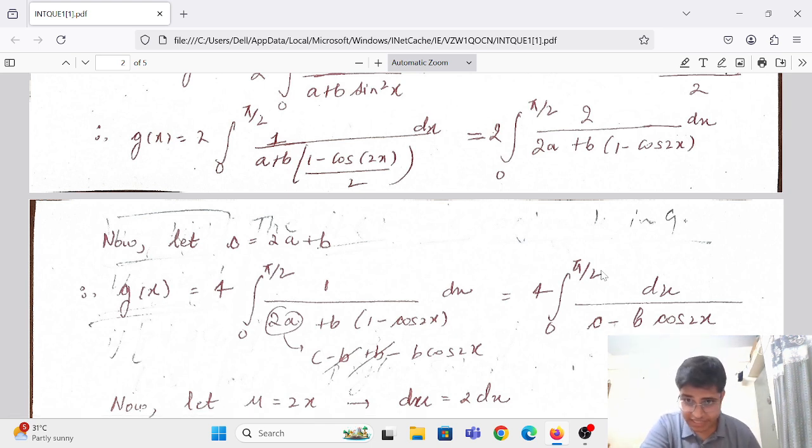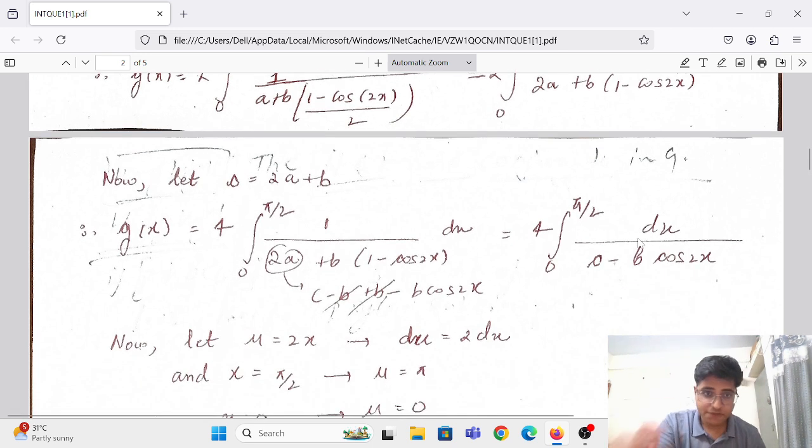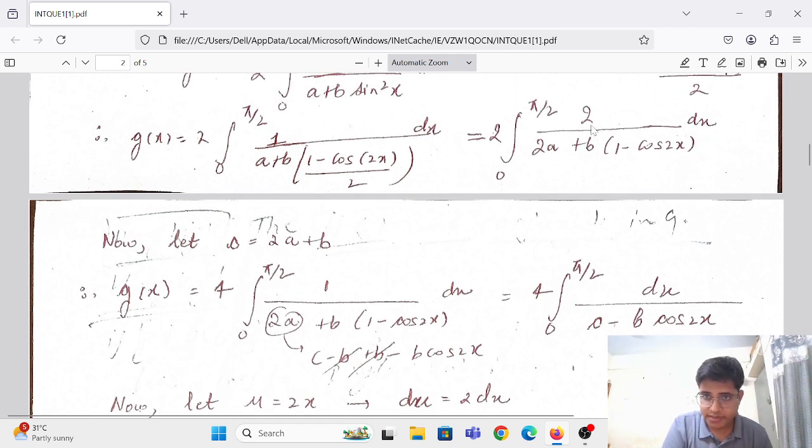We assume c to be 2a plus b. So if c is 2a plus b, then 2a would be c minus b. And we see b minus b cos 2x over here. b and minus b get cancelled out to give us c minus b cos 2x. So our integral turns to, you can see over here, here's a 2 and here's one more 2. So this and this together becomes 4.